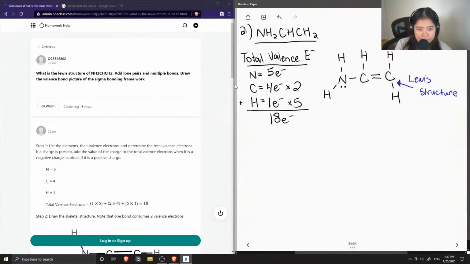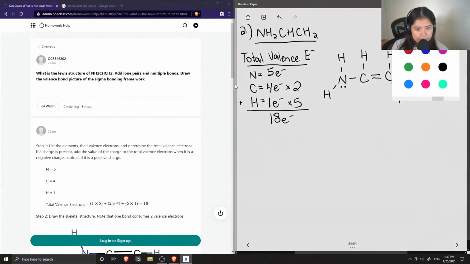And the second part of the question is to draw the valence bond picture of the sigma bonding framework. I was never good at drawing these, but it can be pretty simple because you just need to draw your atoms like so.